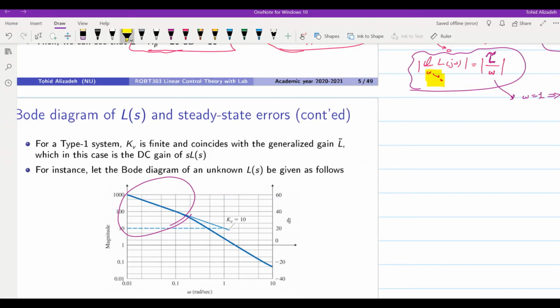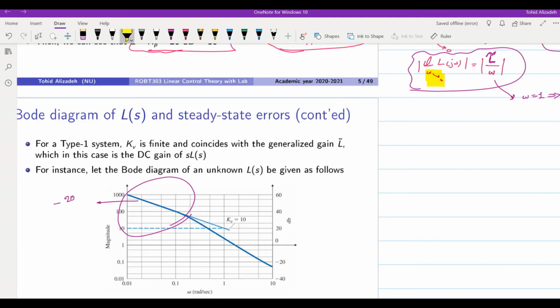Since we have a type 1 system, we know that at low frequencies we will have minus 20 dB per decade as the slope. We need to extend that line and find out the value at ω equal to 1.